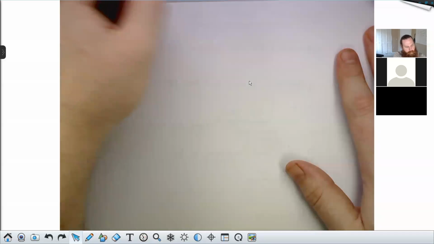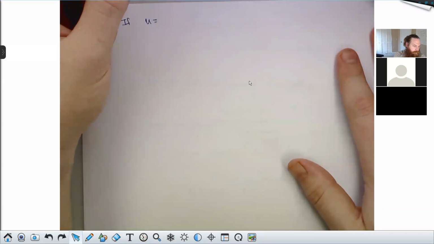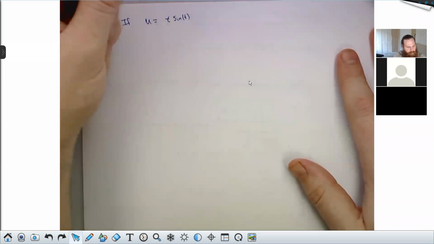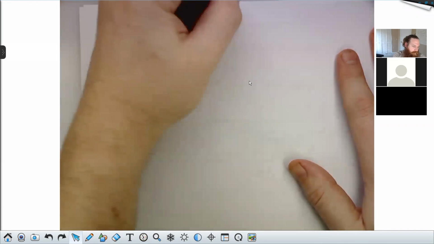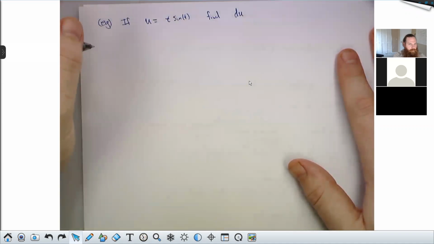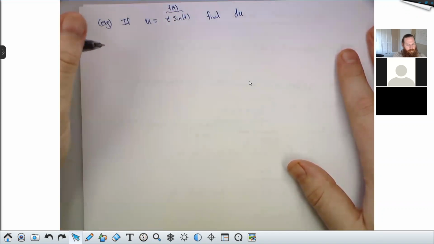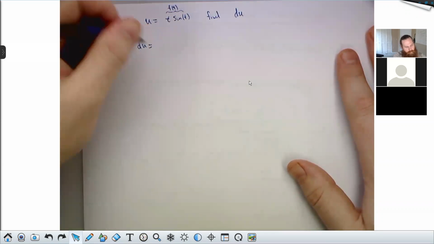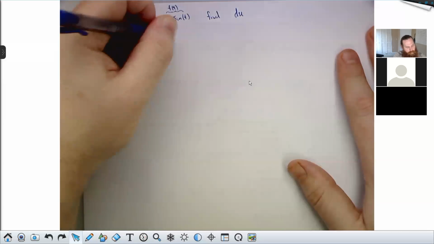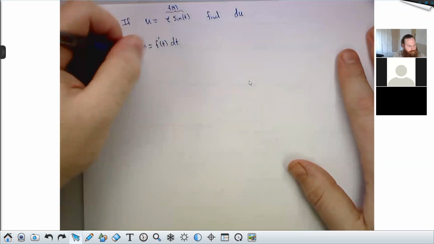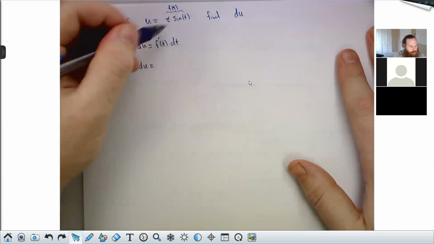If u is equal to, let's say, t sine t, find du. Well, again, here's f. In this case, it's f of t. But the formula still works great. Du is going to be f primed of t times dt. So I need to differentiate this, which requires a product rule now.